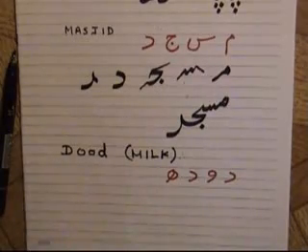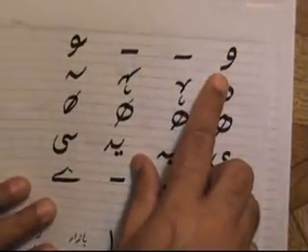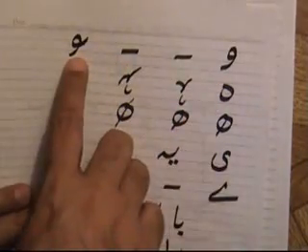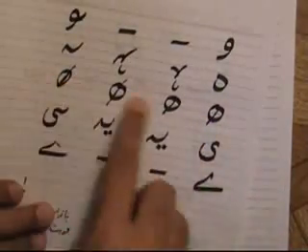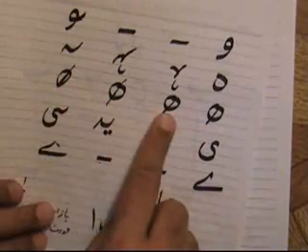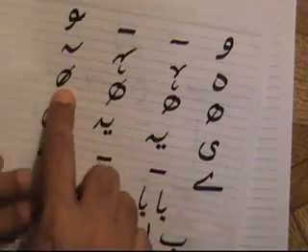If you see the connector table, vav is a non-connector. So vav only takes independent position or final position, and he is a connector. We can bring it at any place, initial, medial or final.